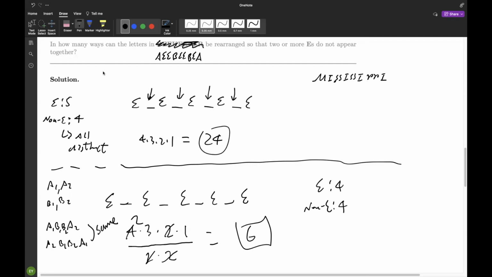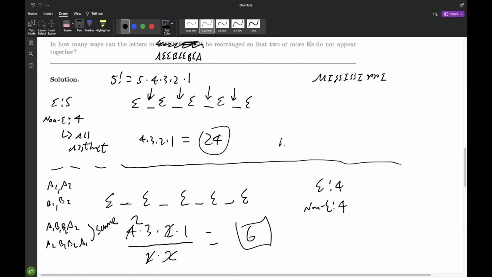Do you guys know what this is? Okay, so 5 factorial, or n factorial, this means 5 times 4 times 3 times 2 times 1.